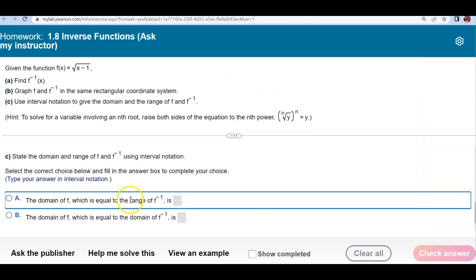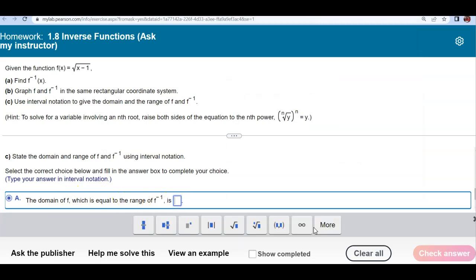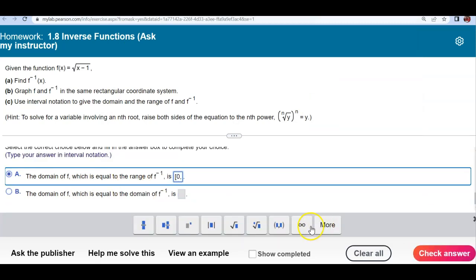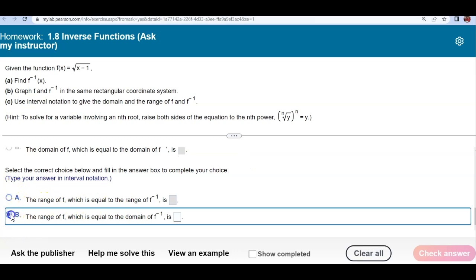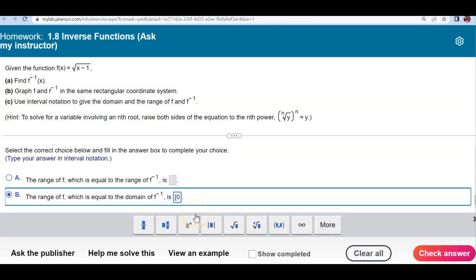The domain of f is 1, comma, infinity, and that's the range of f inverse. And the range of f, which is the domain of f inverse, is 0 to infinity. I stated that incorrectly for A.